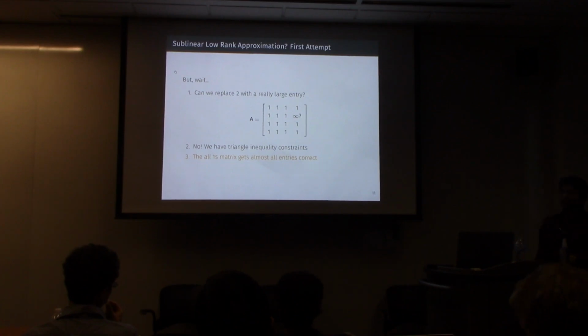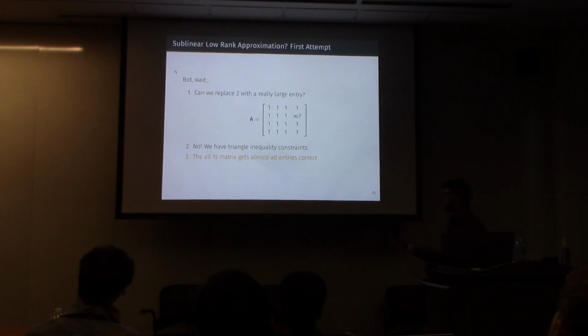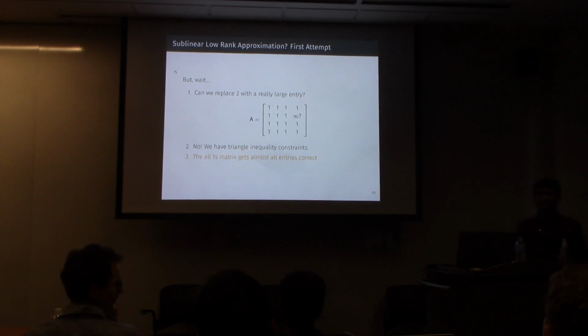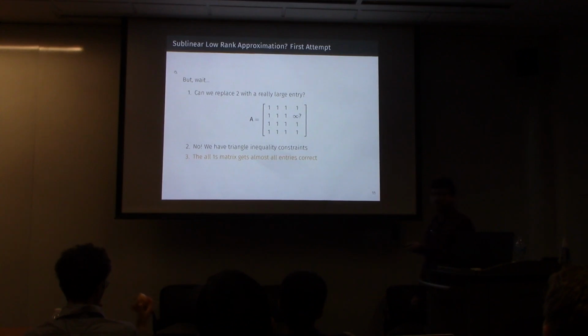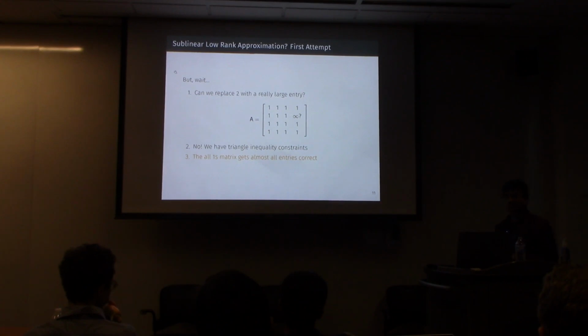Now the other thing to note here is that if I do random sampling of this matrix, I see that it's the all ones matrix because I did not find the large entry. I get most of the matrix correctly. In fact, I get everything apart from this one large entry correctly. So this means we should be updating our notion of what it means to be an approximate solution. Okay, any questions about this?